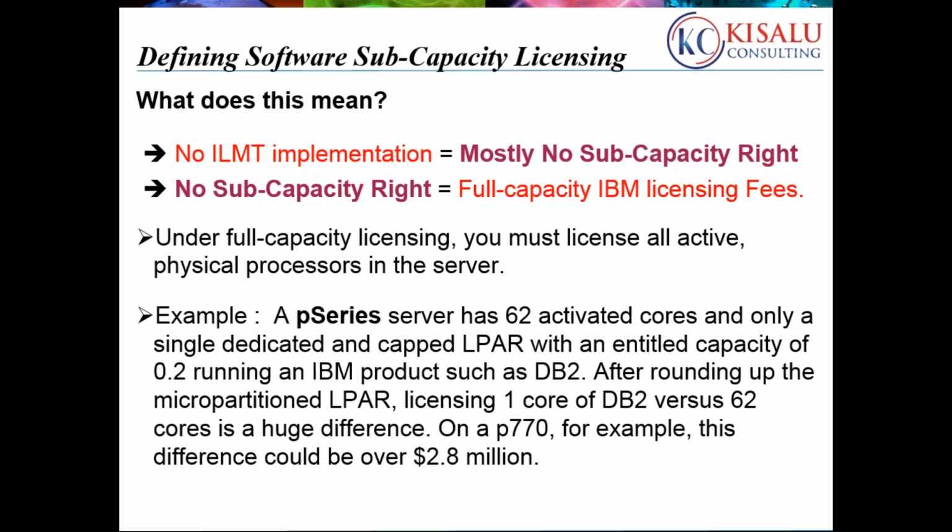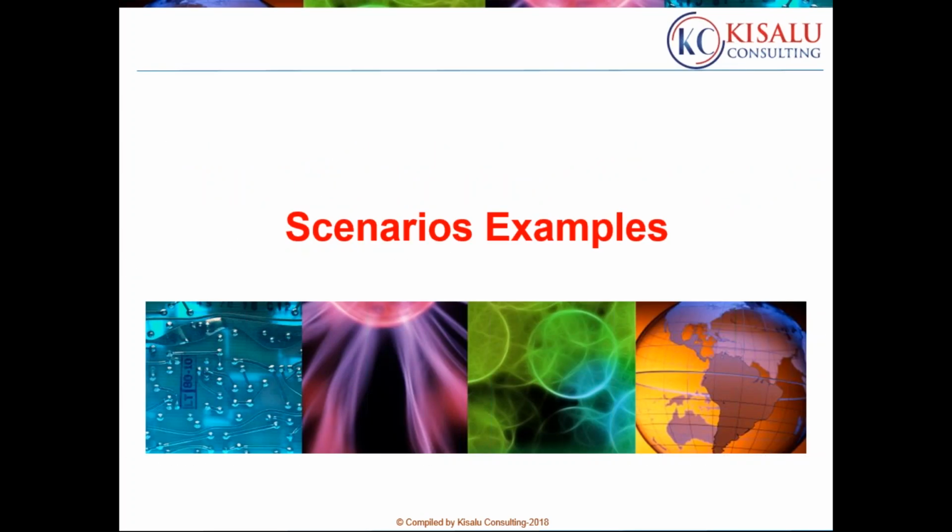But if you do not have ILMT, then you will pay for the 62 cores on the full machine. And on a P770, for example, this difference can be around $2.8 million times 11, that can become 22 million rand. It is not a nice place to be.